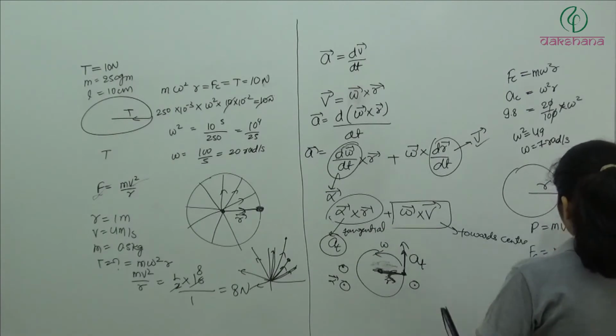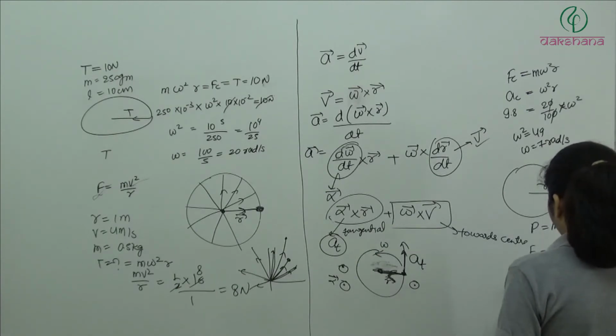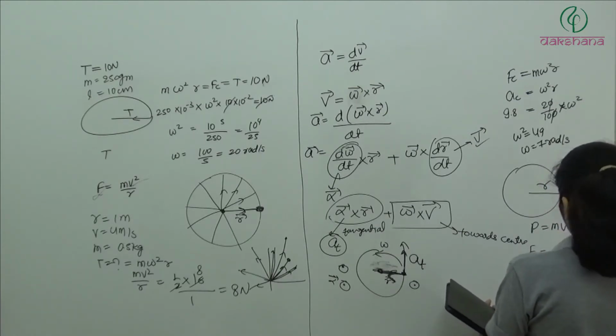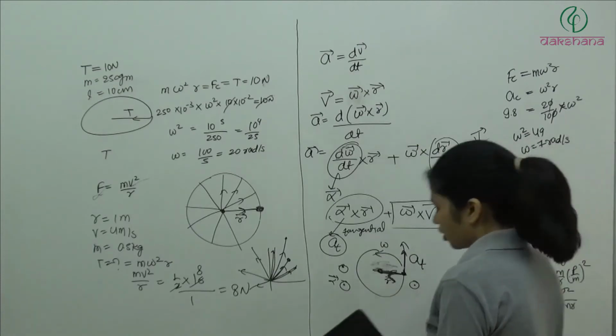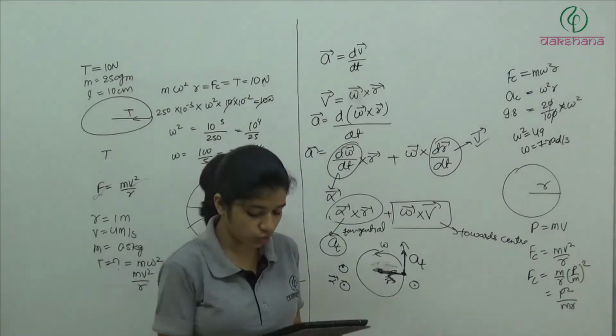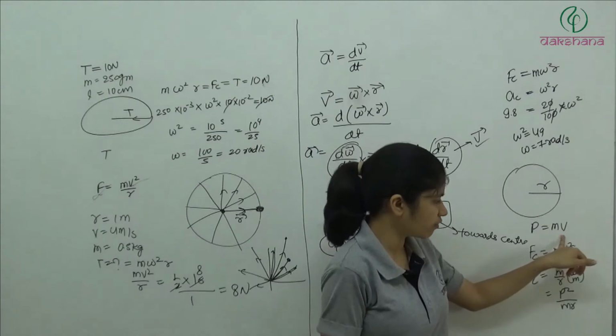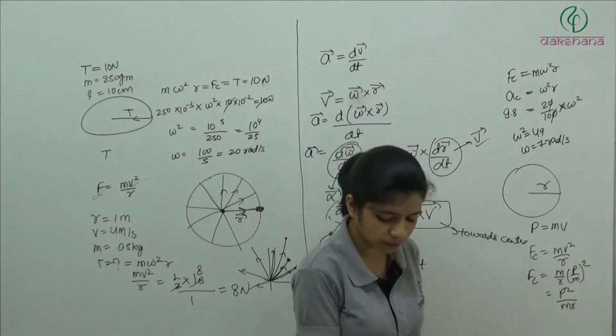So from here we can write Fc equal to m by r into v, and v is p by m. So it will be equal to p square by m r. F centripetal will be equal to p square by m r. Simply, I put the value of v from here in this equation.